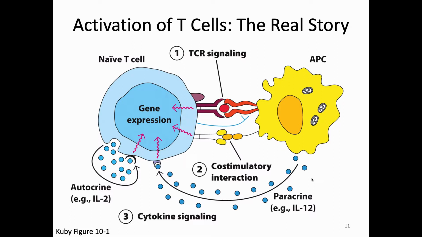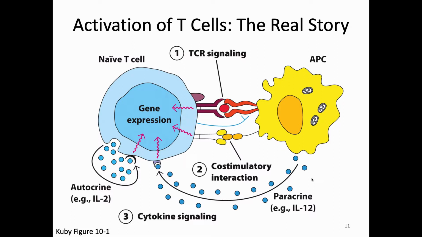And this cytokine is called IL-2. So really, to get a T cell that is fully activated and is going to do a lot of good stuff, we need our T cell to make IL-2. And so our T cell needs to make some changes in terms of its transcription in order to transcribe IL-2.